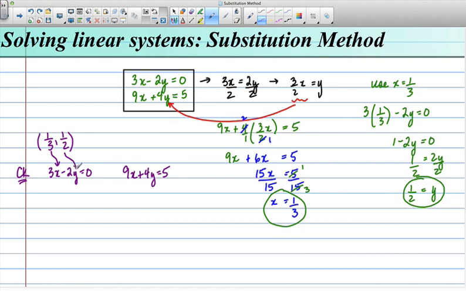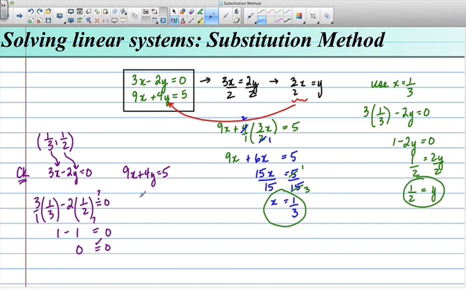Plugging in our values, we have 3 times 1/3, subtract 2 times 1/2. Does that equal 0? In fact, we have 1 subtract 1, and that does equal 0.